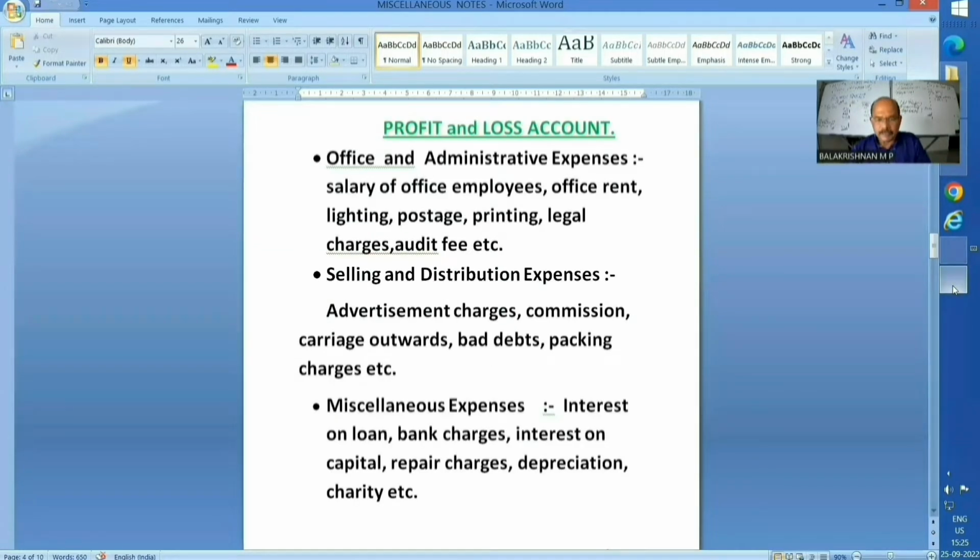Next, the profit and loss account. These may be categorized into three: office and administrative expenses, selling and distribution expenses, and miscellaneous expenses.